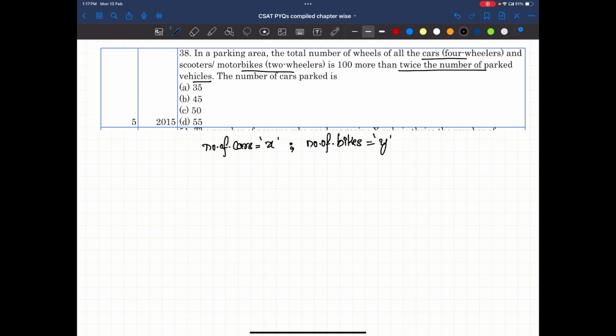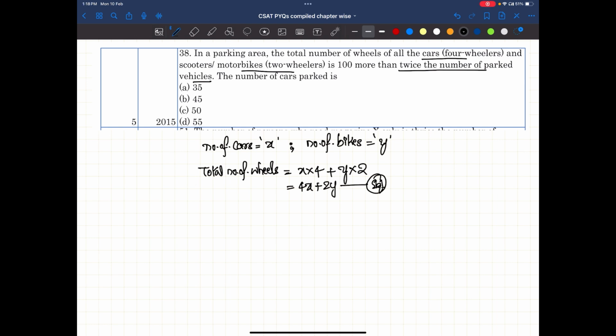The total number of wheels of cars and bikes together. Total number of wheels. That is each car, the number of cars X into, each car has 4 wheels, right? So X into 4 plus number of bikes Y into each bike has two wheels. This becomes 4x plus 2y. Let this be equation 1.